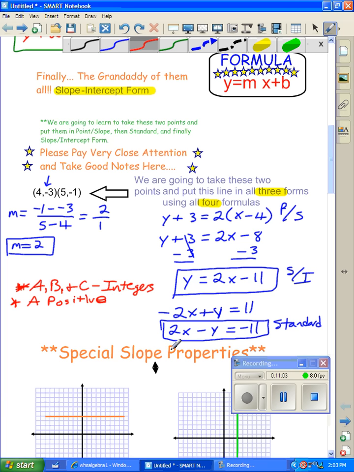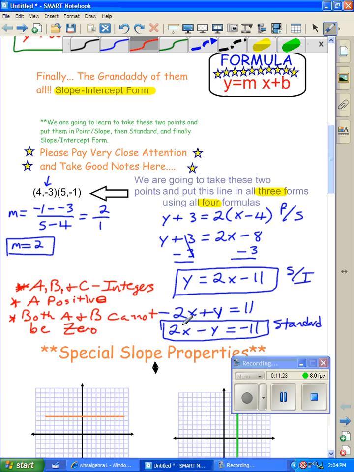Having trouble with my pen there, y'all. And both A and B cannot be 0. Both of them can't be 0.